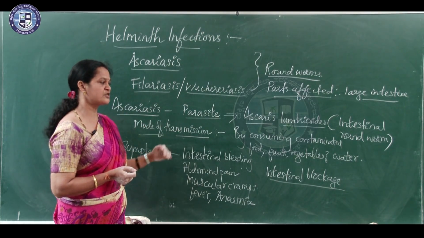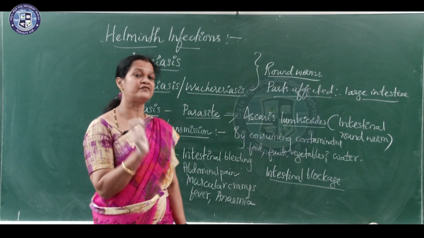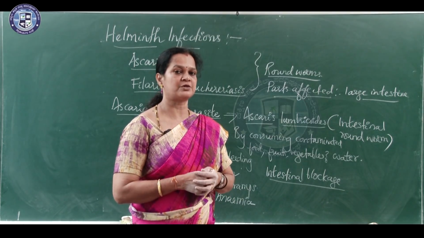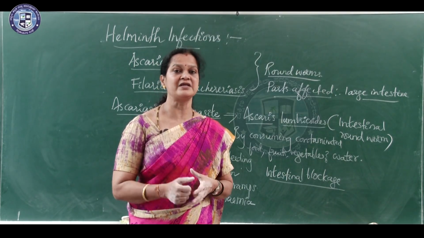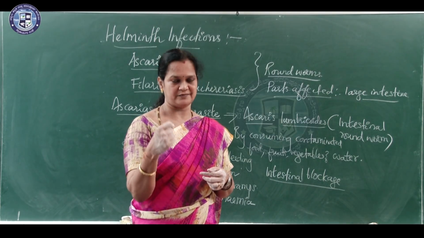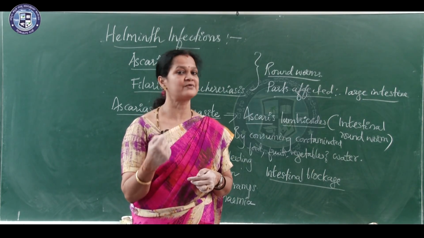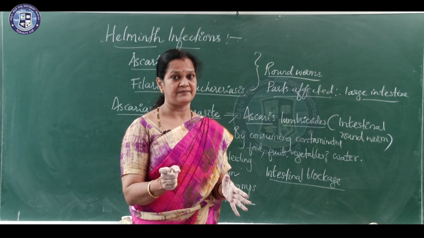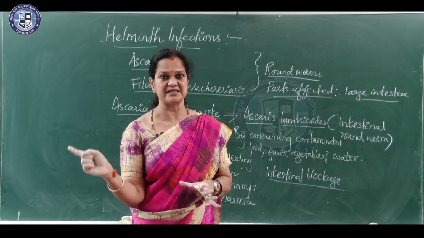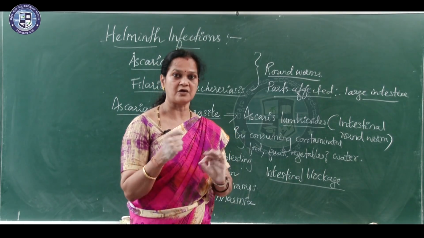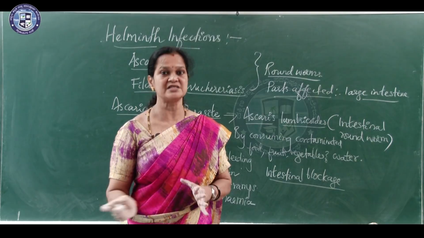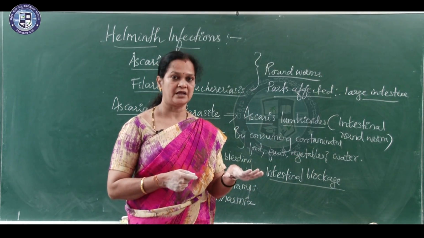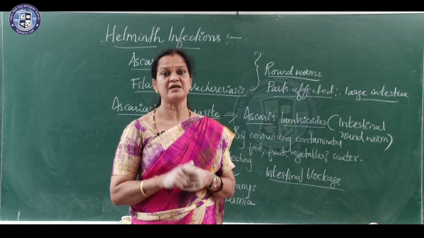And the mode of transmission is by consuming contaminated fruits, vegetables, food items or even water. We get the infection because along with the feces the eggs of the worms will be going, and when open place defecation is done, the stool is discharged and usually it will contaminate the soil or the fruits or vegetables grown in that region.